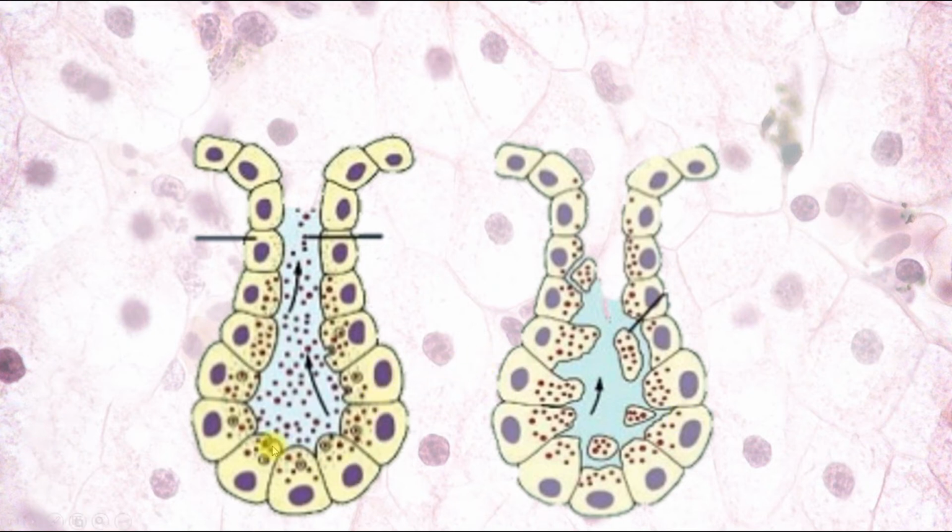Merocrine glands release secretory products via the apical pole without damage of cells, via exocytosis. In the epicrine type of secretion, secretory products are accumulated in the apical pole of the cell, and after that the apex of the cell is removed from the cell. Epicrine glands aren't very numerous.